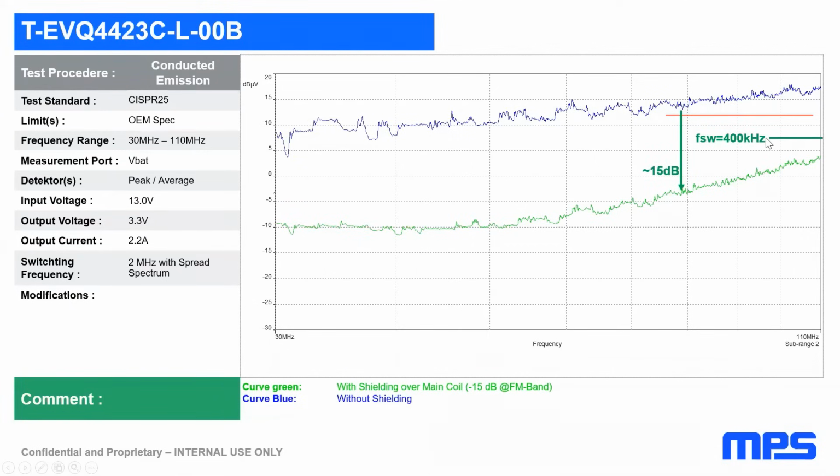For comparison, in the test before, running at 400 kilohertz with all the little modifications, our best level was around this green bar here, 7 dB microvolt, which is another 5 dB higher than at 2 megahertz using the shield. And there's no need to have a totally closed box shield for the DC-DC converter.